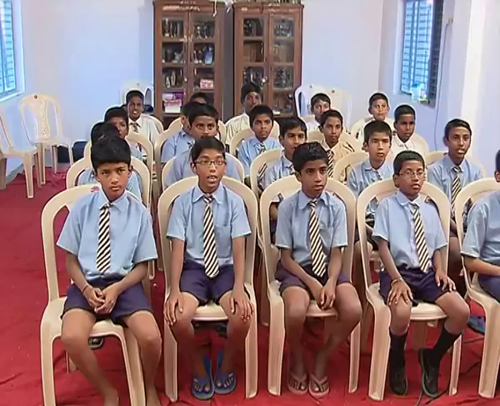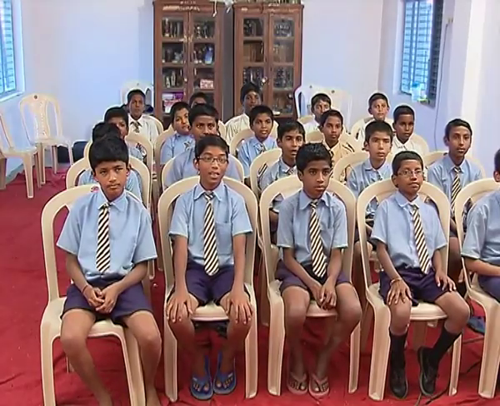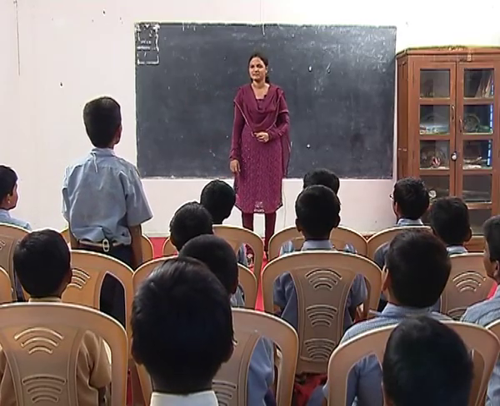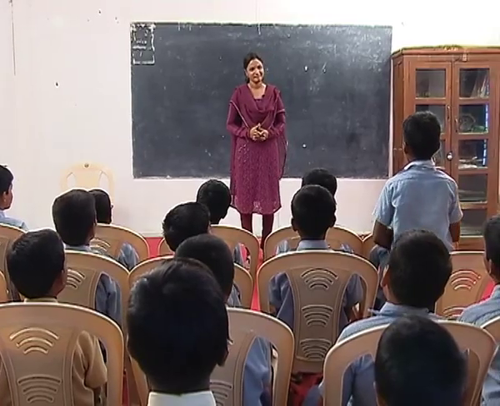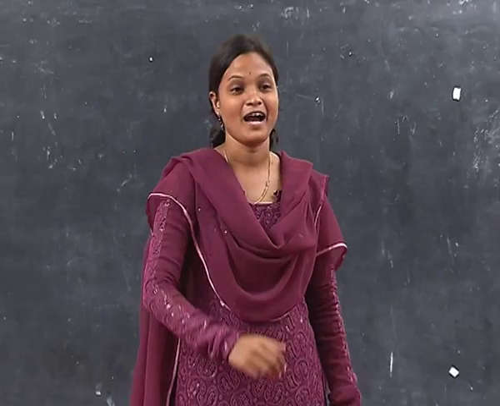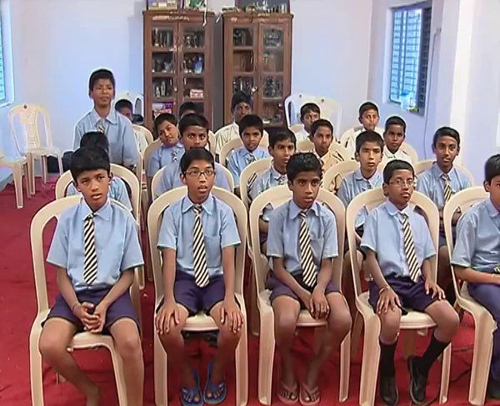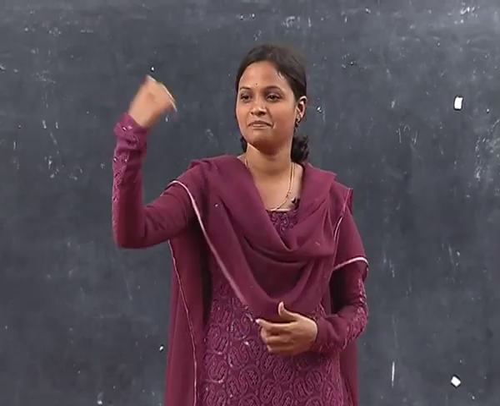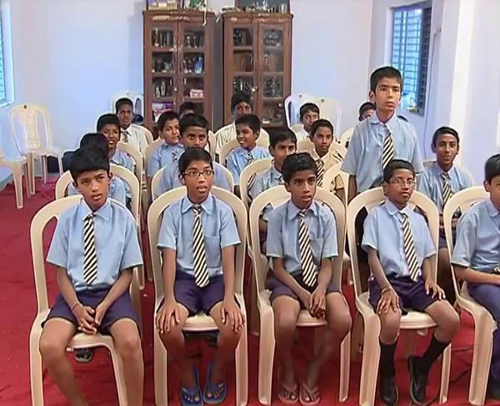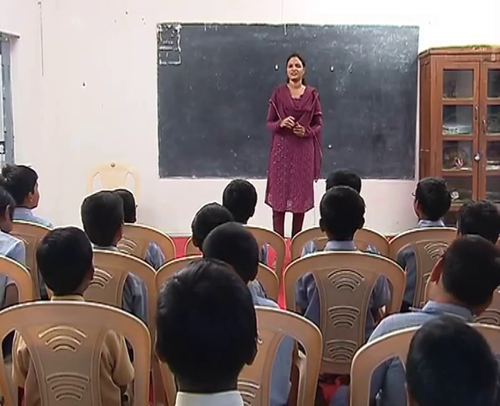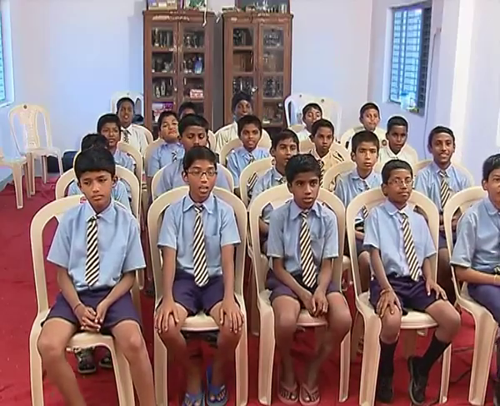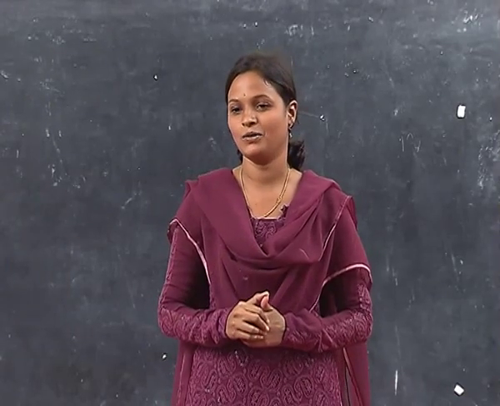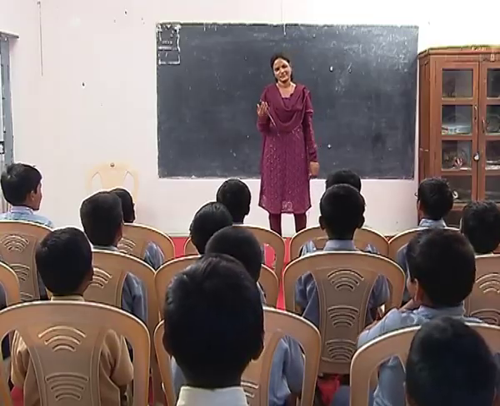Hello children. Hello ma'am. Shravan, how are you? How are you? Thiru, how are you? How are you? Next, Rishi, how are you? How are you? Okay. You, Shivram, how are you? Not like that. You say after me, okay? How are you? Okay, very good. Now let us sit in a circle.